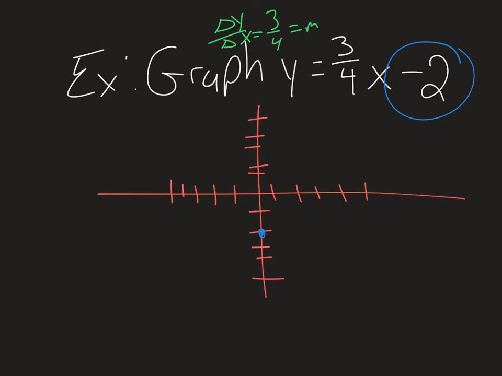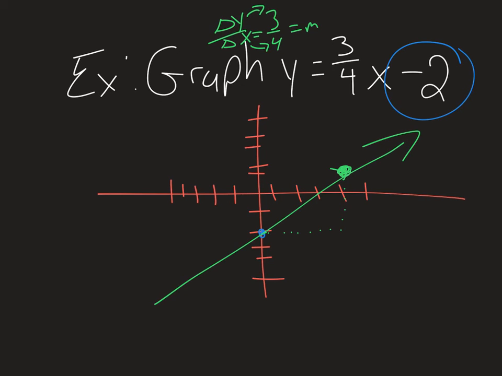It's the rate of change, meaning for every 4 units I go to the right, I go up 3 units. So instead of trying to figure out where 3/4 is, I'm going to go to the right 4 units and up 3 units and plot my point. And then I can make my line.